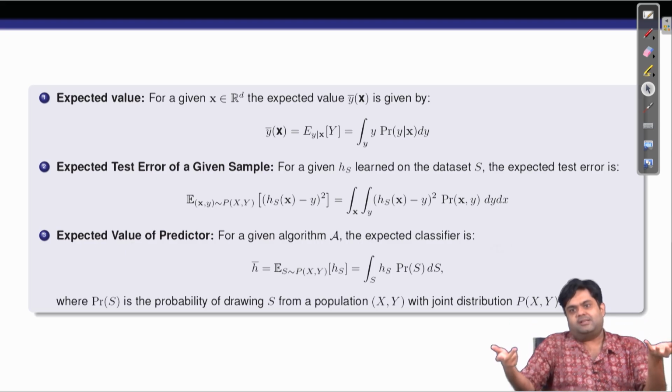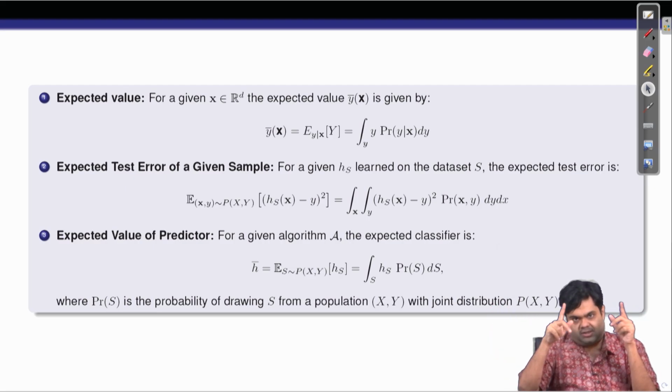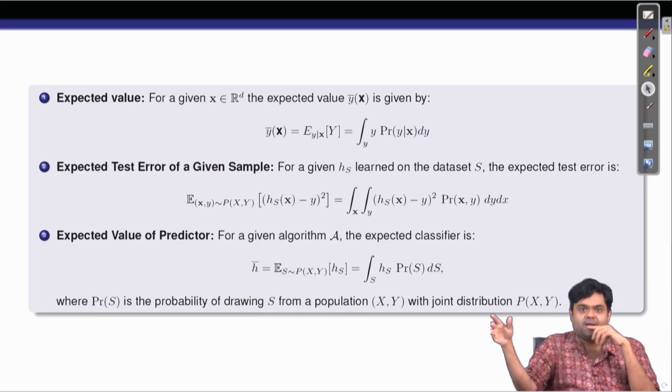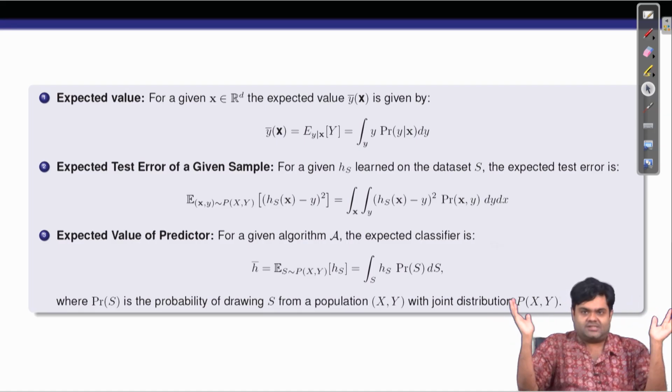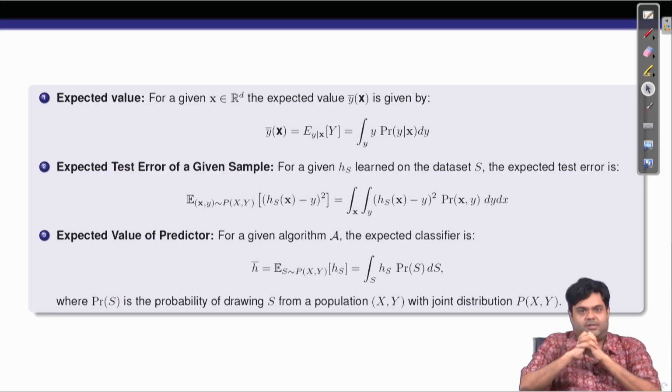Take this prediction h_S(x) for every x, and then take the squared difference between h_S(x) and the actual value of y, that is (h_S(x) - y) squared. Take the average of this over the whole distribution. That gives you, for a particular fixed sample, the expected test error. And the expected value of your predictor h is simply the average of all the predictions.